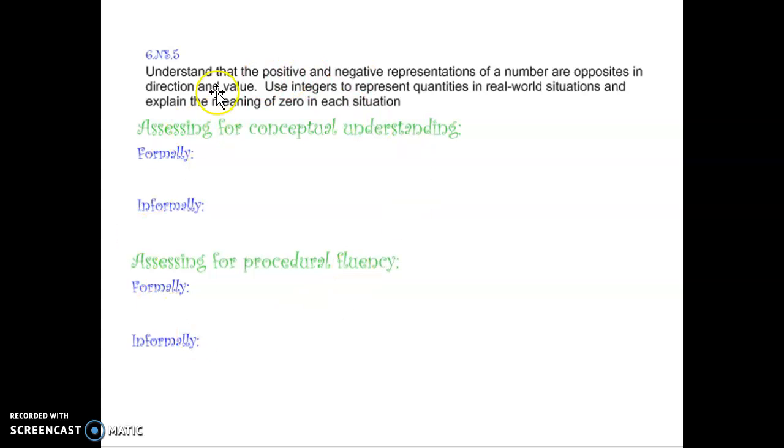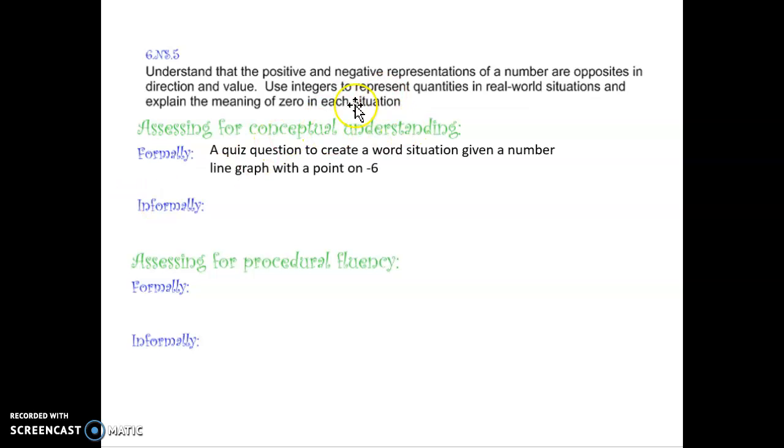So let's look at assessing our students, both for conceptual understanding and for procedural fluency, and we're going to look at those formally and also informally. Okay, so a formal question for conceptual understanding. I'm going to give them a number line. I'm going to put a closed-in dot on the point -6, and then I'm going to ask them to create a word situation that would be graphed using the graph that I gave them.